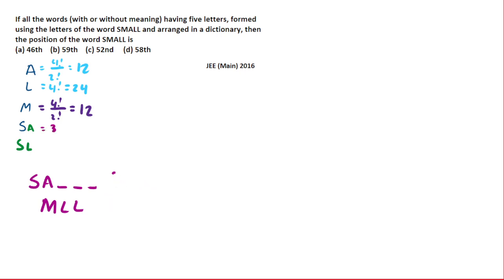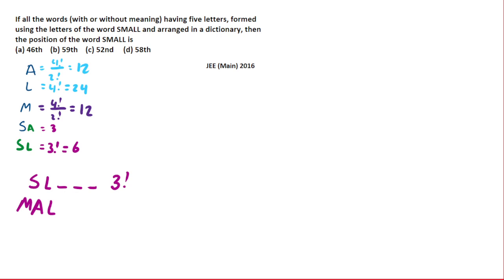And finally, SL. And the remaining letters are A, M, and L. So since there are no repeating letters in the three remaining letters, you can just write it as 3 factorial, which is 6.